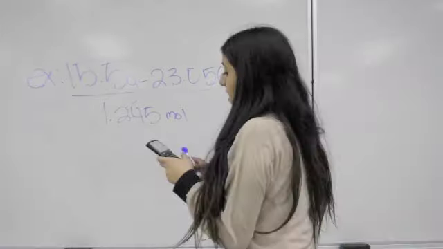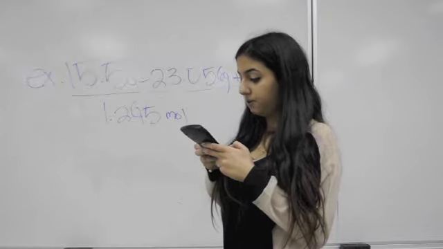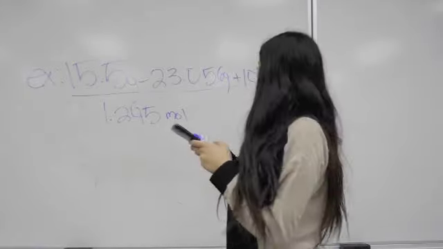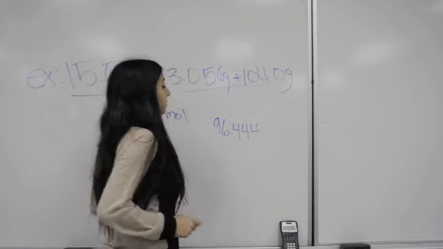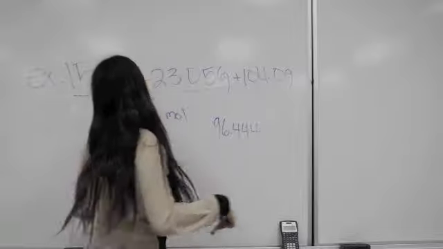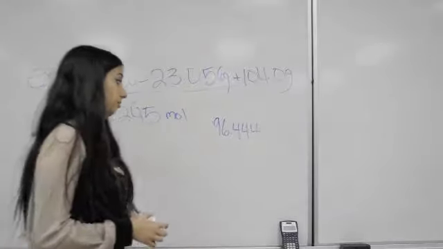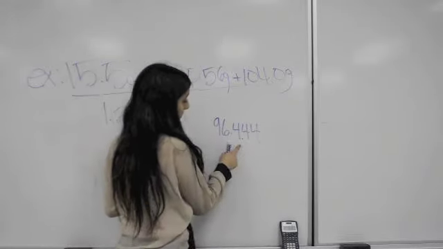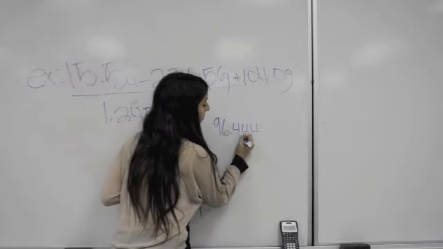Now, we're going to need to use a calculator, and we're going to punch in 15.5 minus 23.056 plus 104.0. Our answer is 96.444, and we know that we need 3 sig figs. So we're going to put a stop here, and now we know that we need to round from 4 to 4.